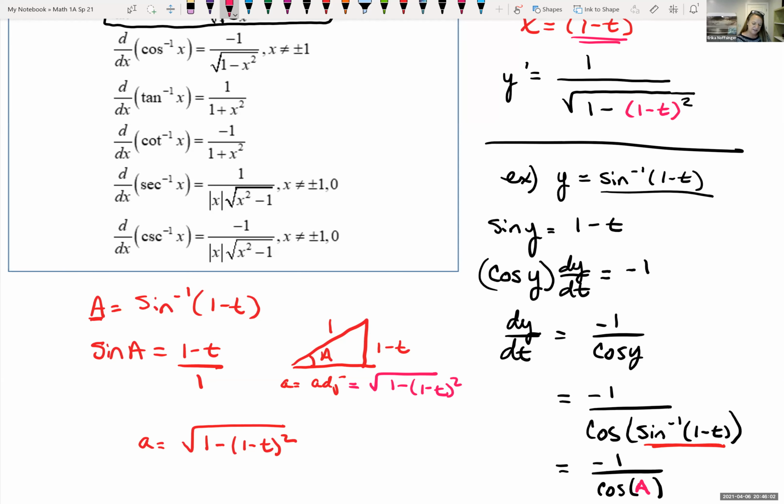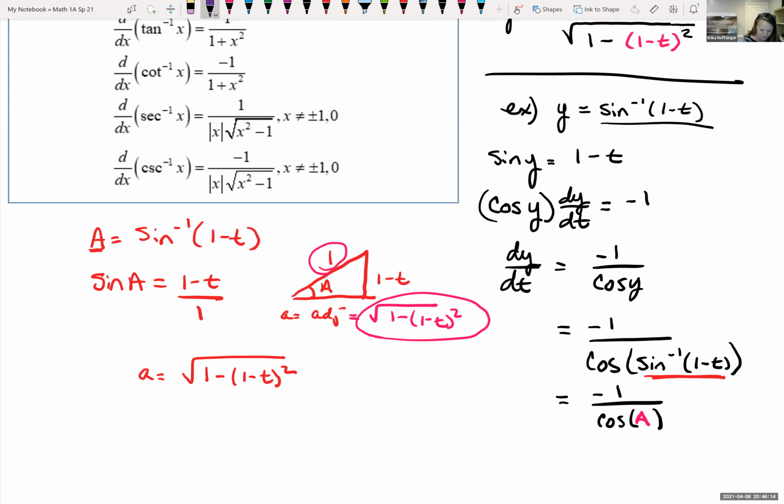And so cosine of a, cosine is adjacent over hypotenuse, which is 1. So this is negative the square root of 1 minus t quantity squared, all over 1, but I don't really need that.